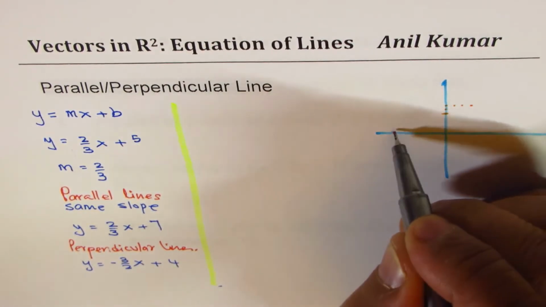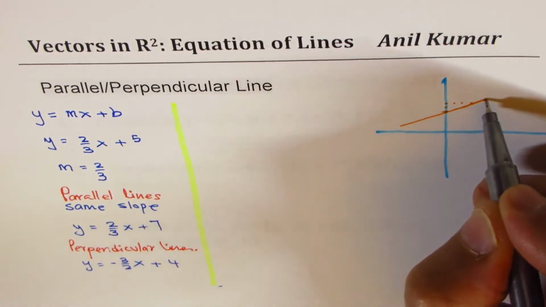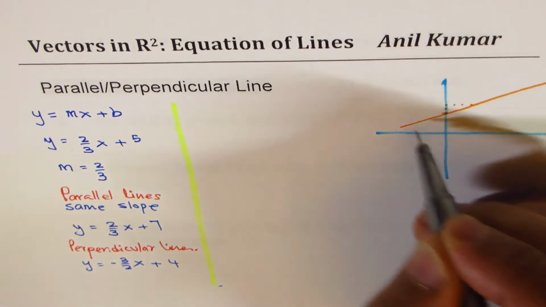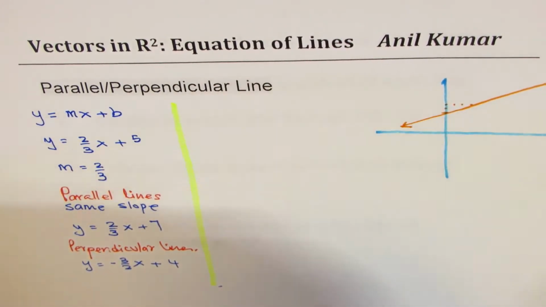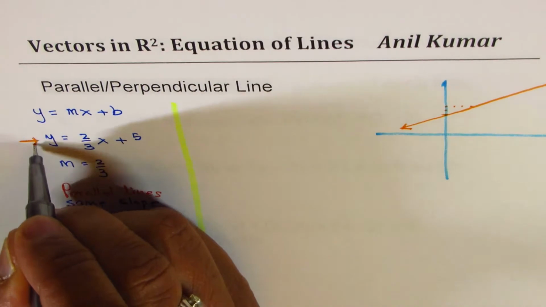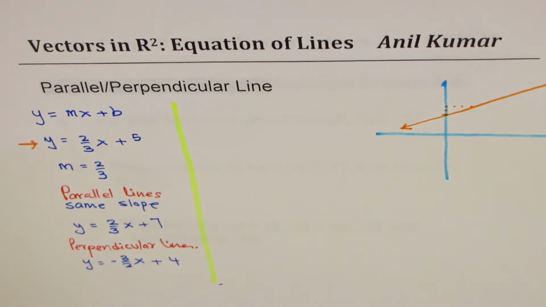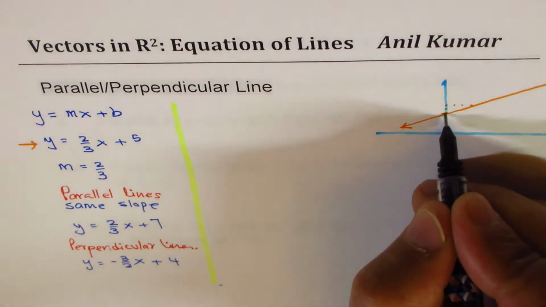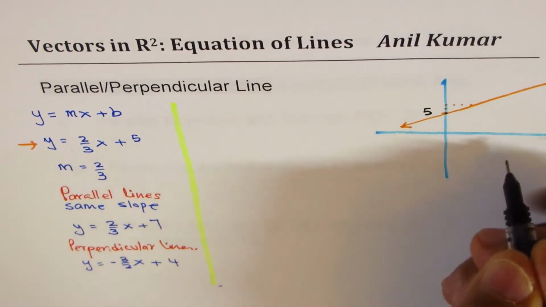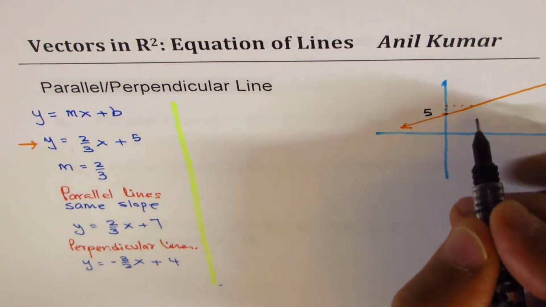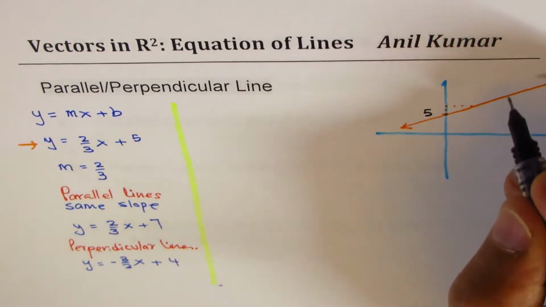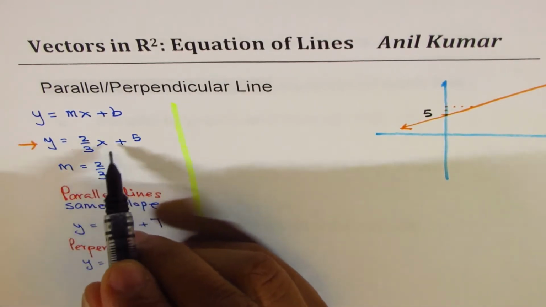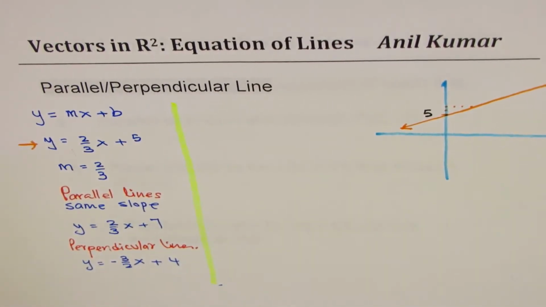So we can draw a line which is kind of like this. Right, so this is the line which I have sketched just now, where this point here is assumed to be at 5, and that line is y = 2/3 x + 5.